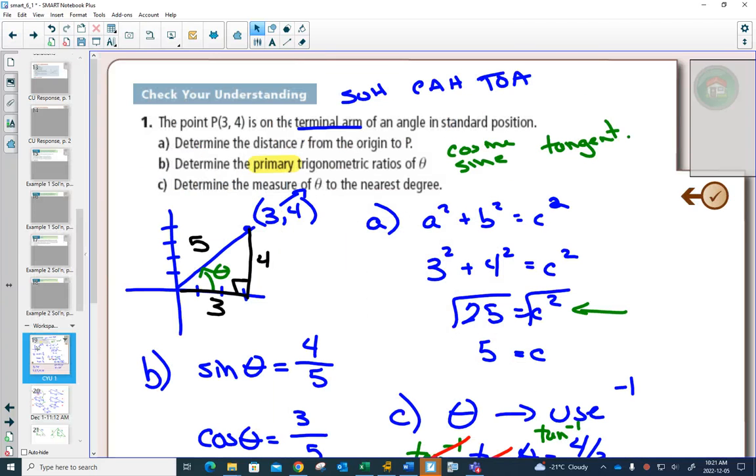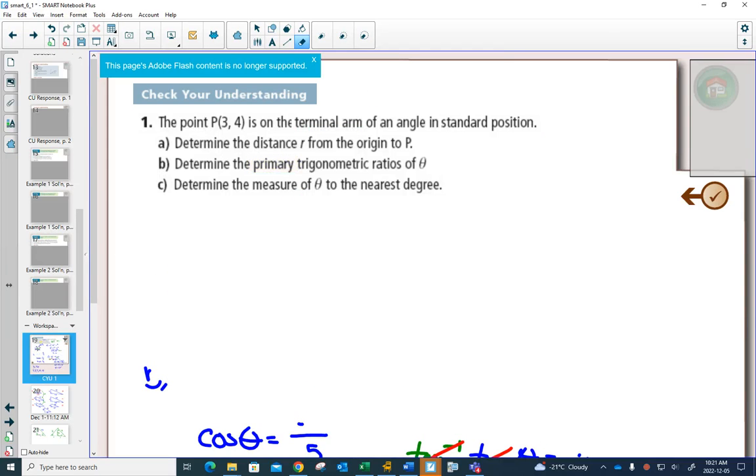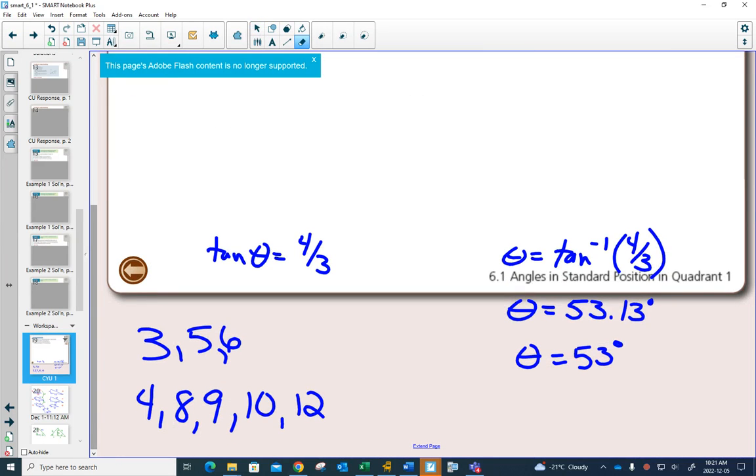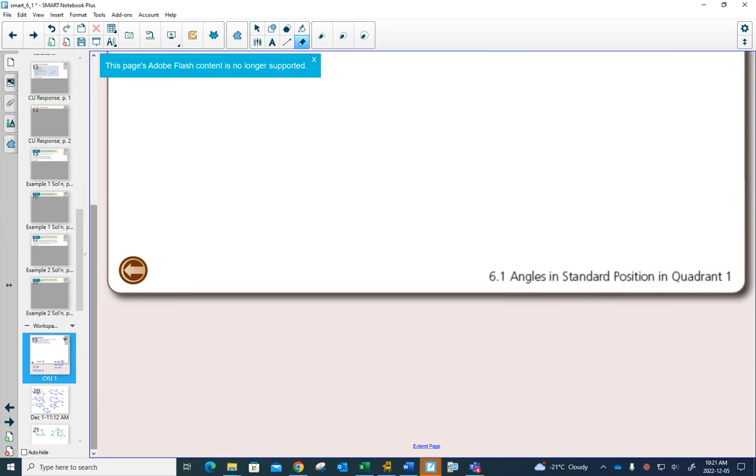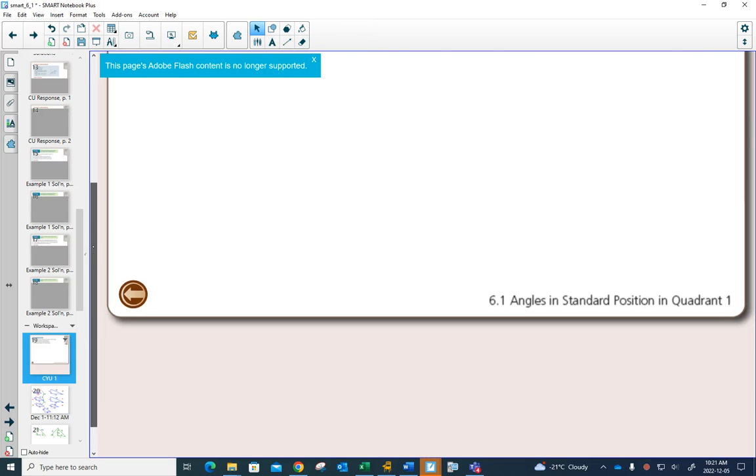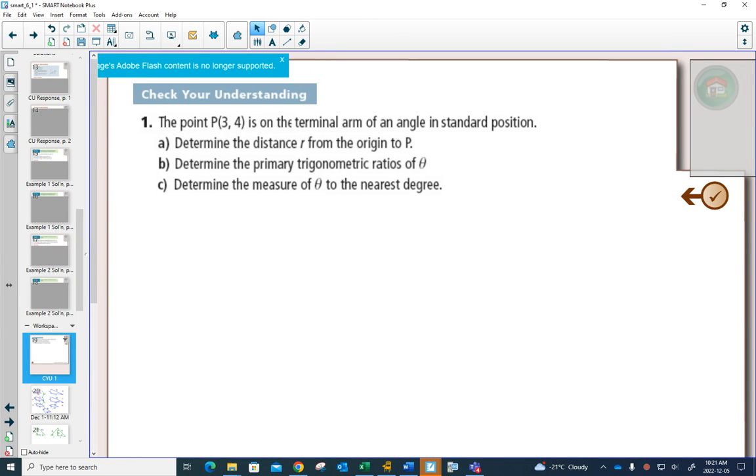So let's go to example 1. They're telling us that the point 3, 4 is on the terminal arm of an angle in standard position.